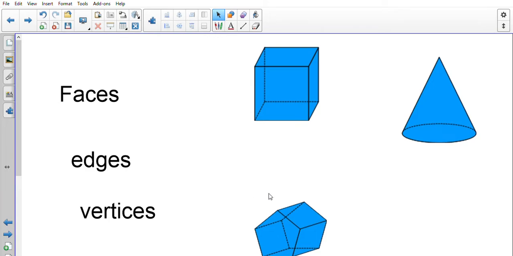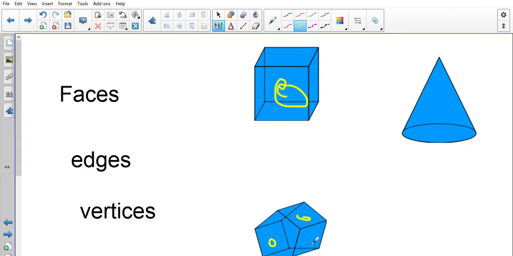Okay, so some of the properties, we've got faces, edges, and vertices. If we have a little look at some of these, our faces are the bits that you can see. They're the bits that you can count. For most shapes, they'll be flat. However, in our cone here, we've got a curved face, which comes all the way around.